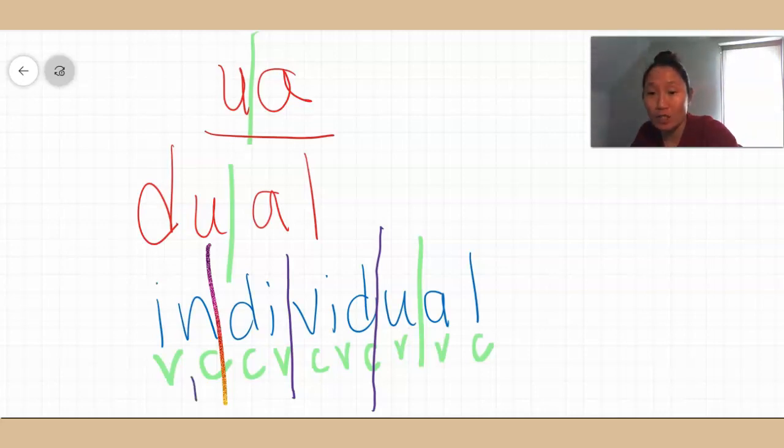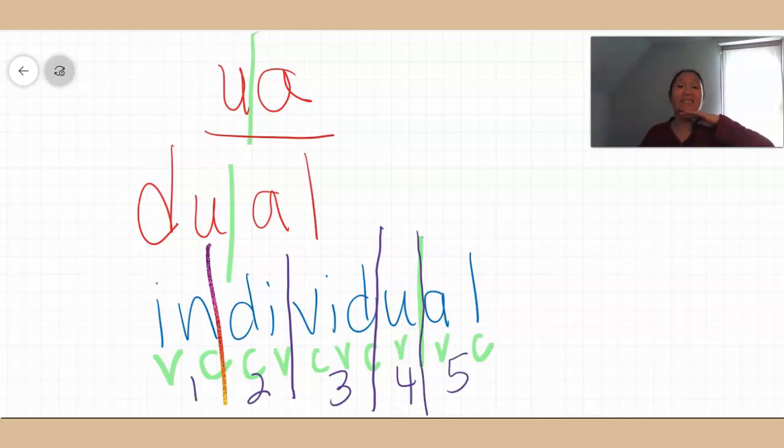Here's 1, 2, 3, 4, 5. There are 5 syllables in here. In, di, vid, u, al. That one's short. U is long. Al is short. That's a weird one, but again, you have the split between the U and the A.